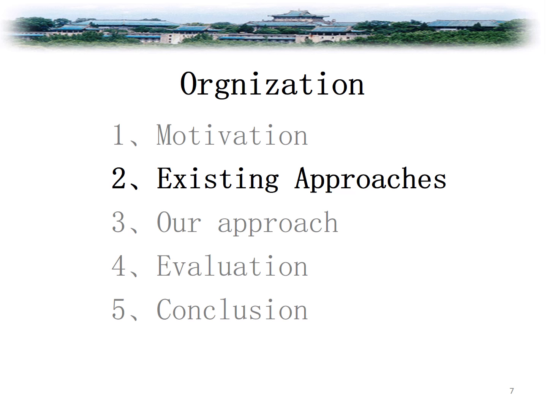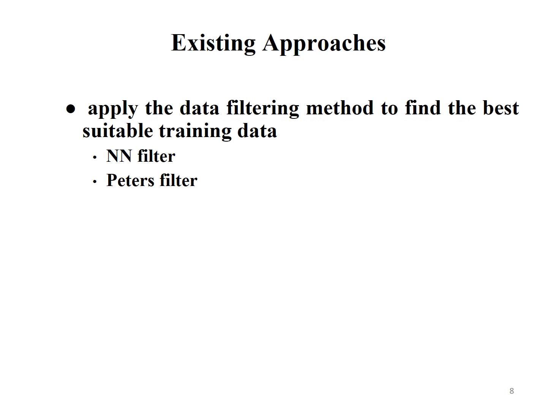Then we will talk about the existing approaches for cross-company defect prediction. Here are three mainstream ways. The first one is to apply a data filtering method to find the most suitable training data. For example, Turhan proposed a nearest neighbor (NN) filter to select cross-company data.